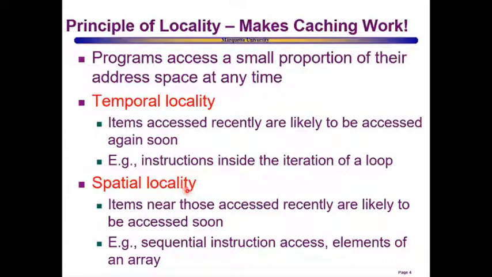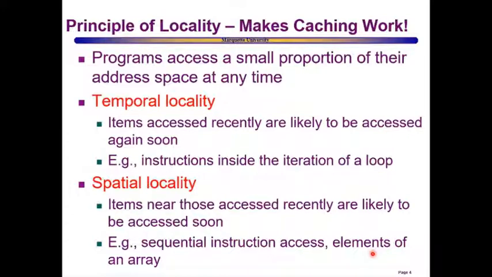The spatial locality means that items that are near those accessed recently are more likely to be accessed soon rather than later on. So, for example, as you iterate through an array, the elements that are in the vicinity of the elements that you just utilized are more likely to be needed in the near future rather than in the far away future.